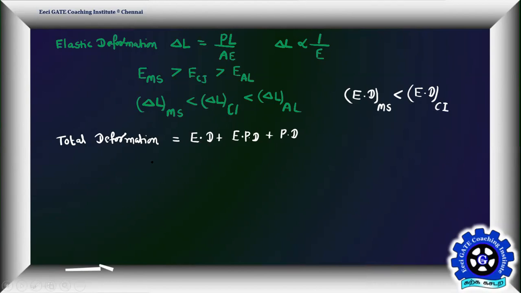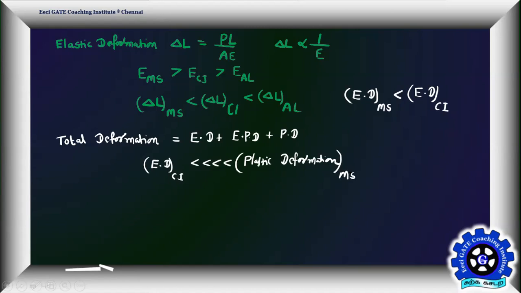Here we can say elastic deformation of cast iron is far less than the plastic deformation of mild steel.